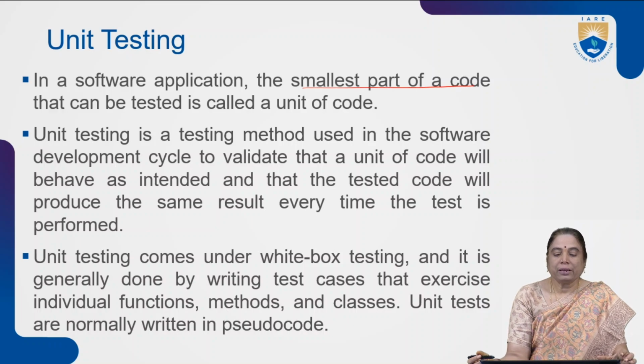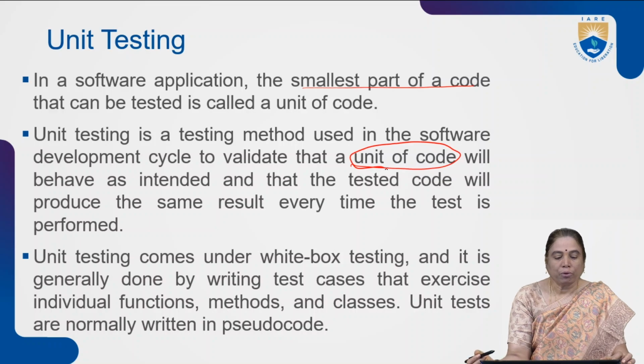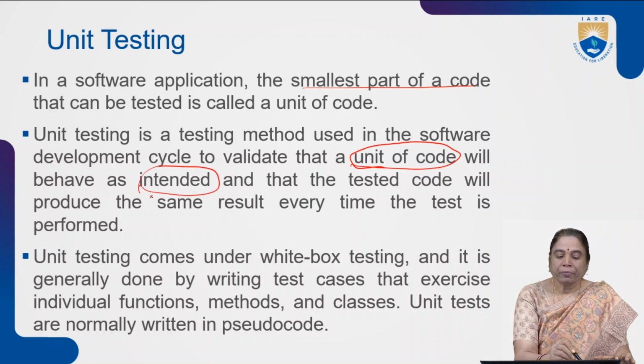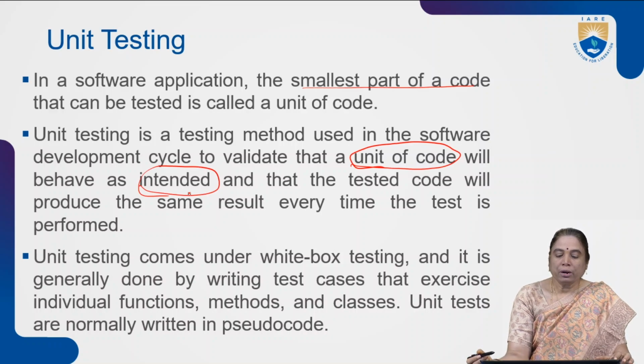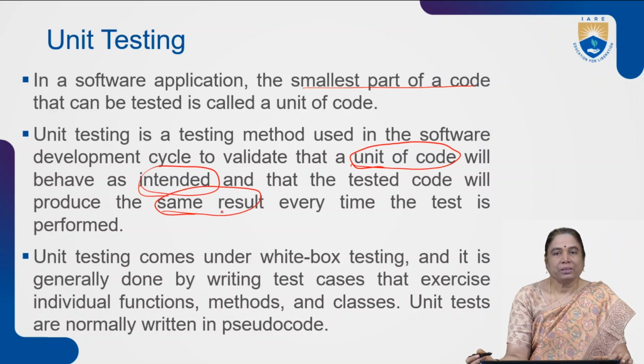Unit testing is a testing method used in the software development life cycle to validate that the unit of the code, the piece of small code, will behave as intended. The verification is carried out so that the tested code produces the same result every time the test is performed. So, testing the unit against its functionality is generally referred to as unit testing.